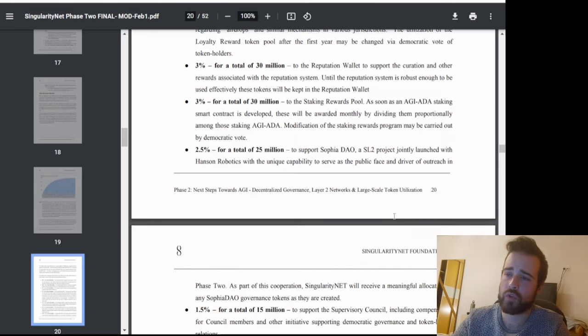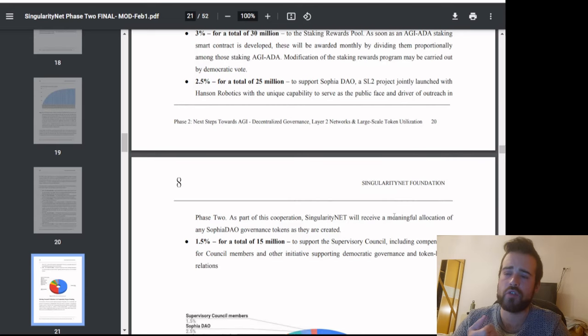Another 3% will also go to the staking rewards pool. Agix AI staking, once the staking smart contract is developed, these 3% will be divided proportionally among everyone that's staking Agix.